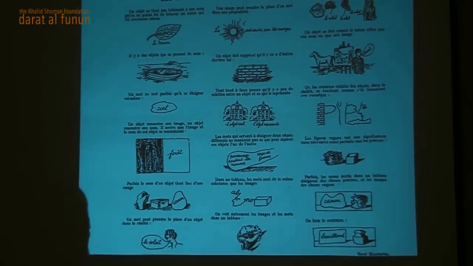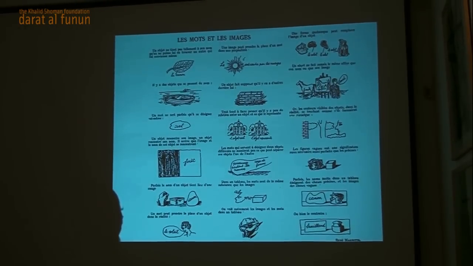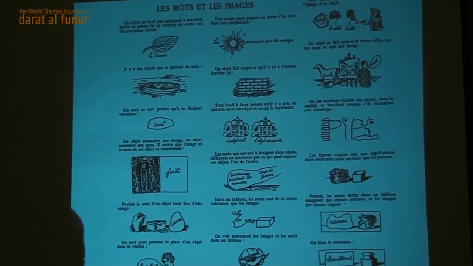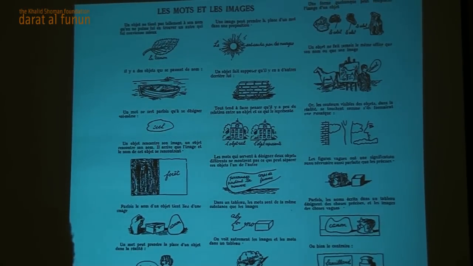So the image and the object itself. The painting of a pipe isn't actually a pipe. I don't know if you can read it from there, but it's quite nice.